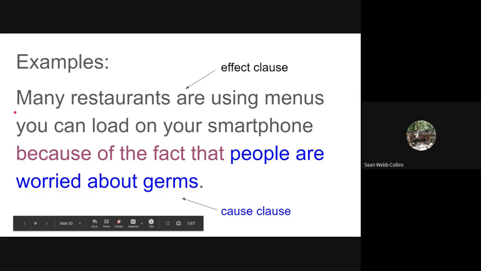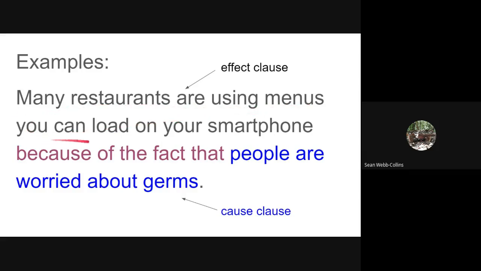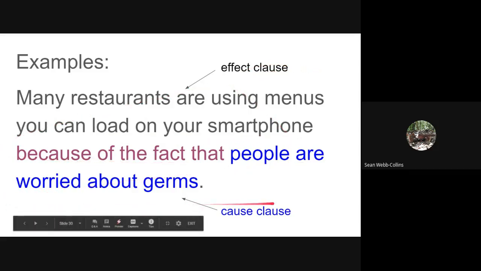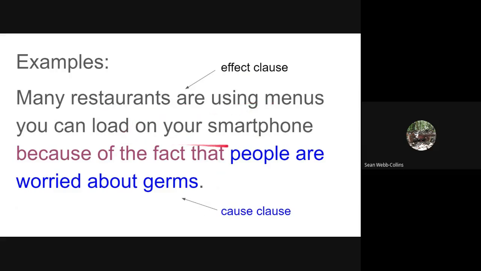Second example: many restaurants are using menus you can use on your smartphone. This is the effect, because of the fact that people are worried about germs, the cause clause. So the germs cause the effect of restaurants putting their menus on a smartphone.